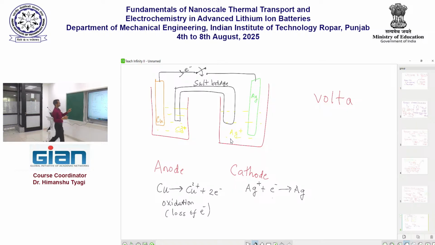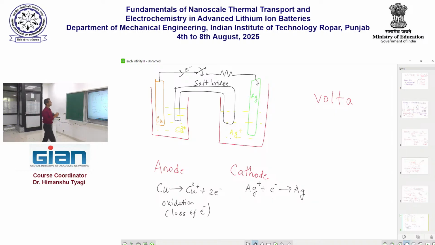And this process from an electrochemical point of view produces a potential difference which I can use to run a load, right?